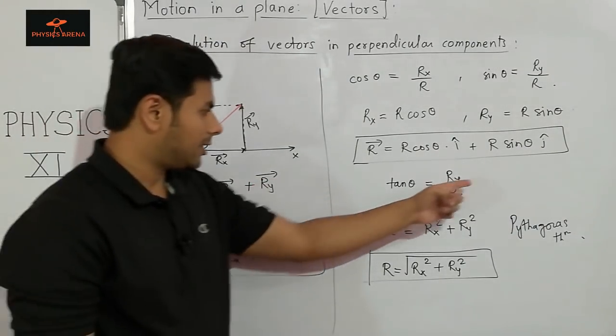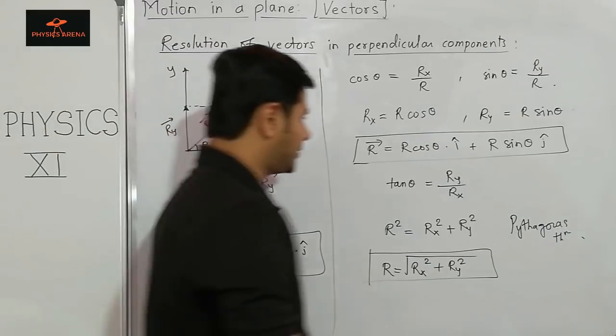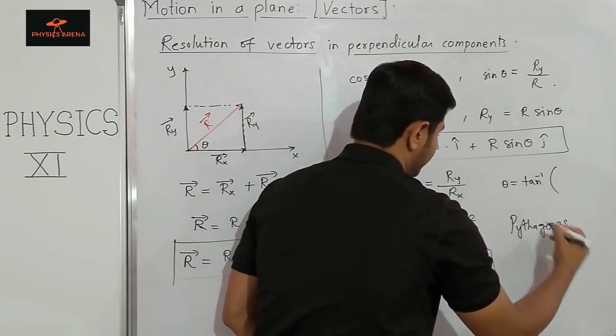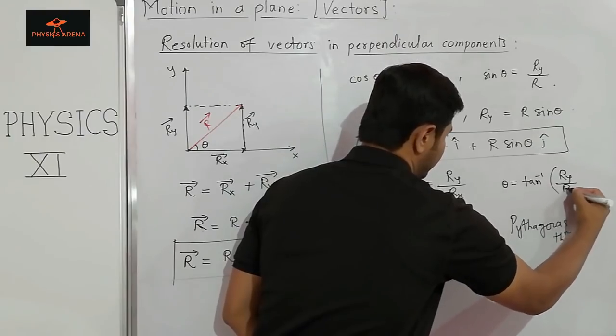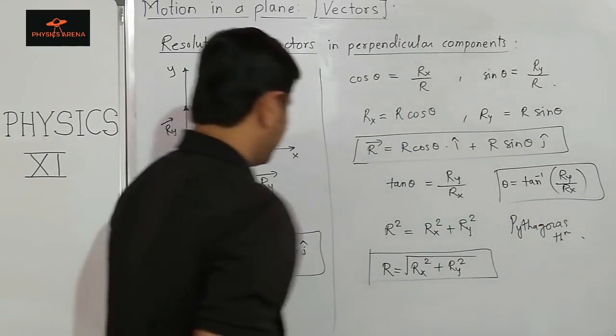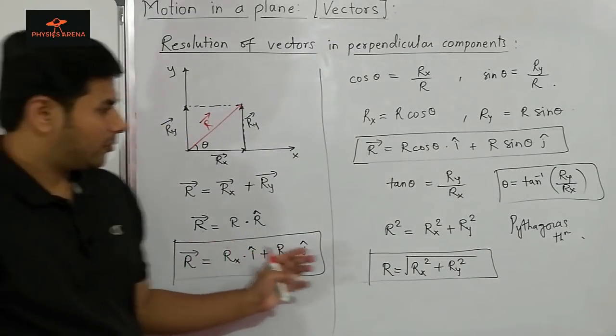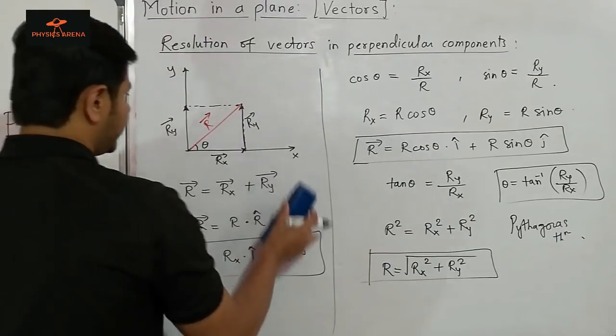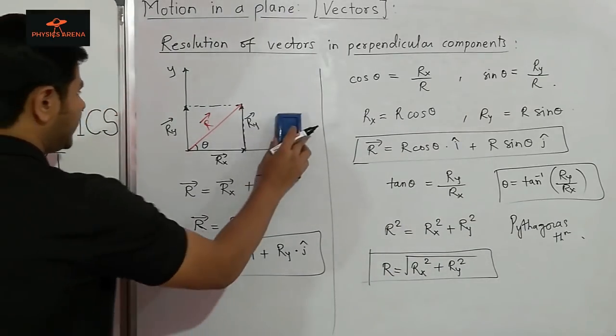So tan of theta is ry upon rx. So theta is tan inverse of ry divided by rx. Now this is for the case of 2D. Let's see the case of 3D. We can just generalize this.